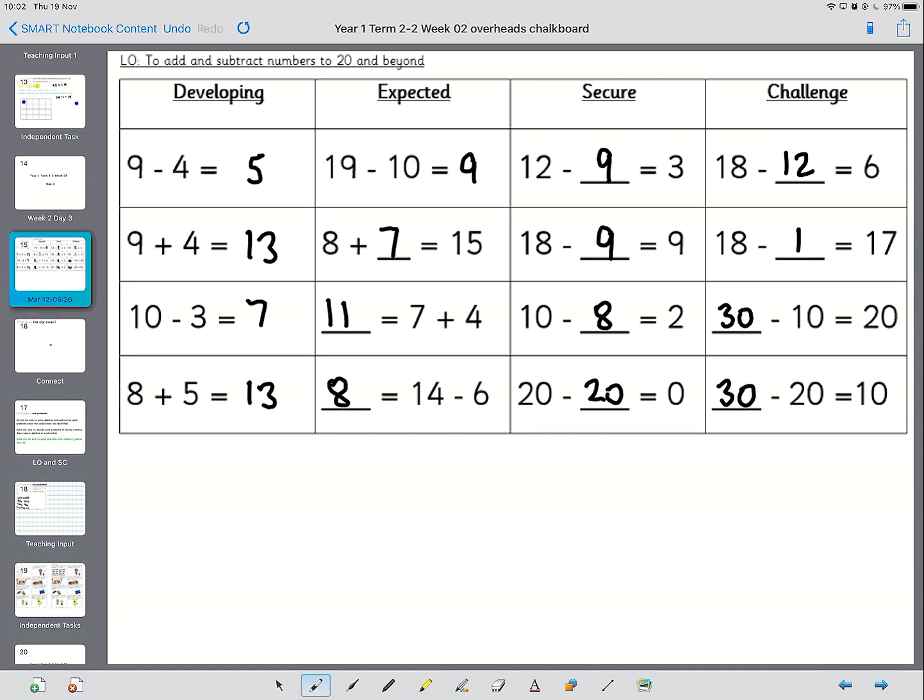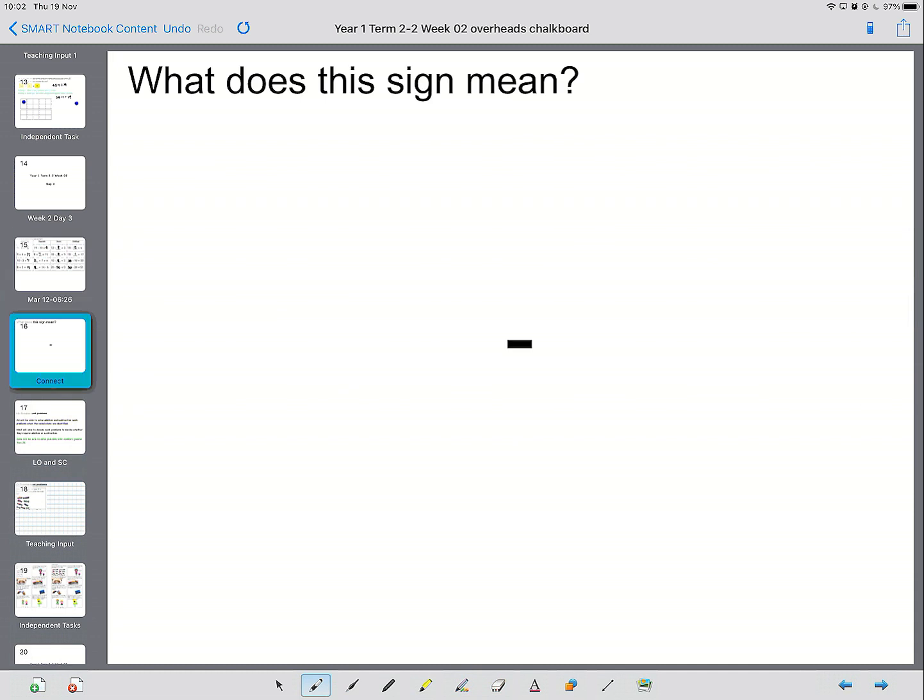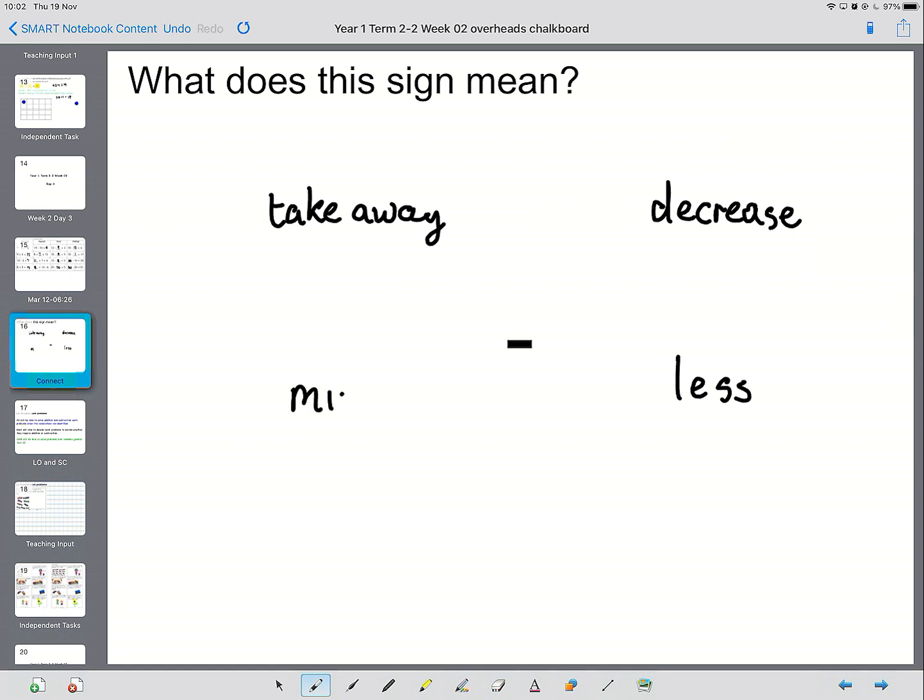Right, I want you to think about now all the words that you know that mean this subtraction sign. So tell your grown up, and then I'm going to write them down for you in a moment and see how many of them you got. So we've got take away, we've got decrease, less, we've got the classic one, minus, which is how we often talk about it.